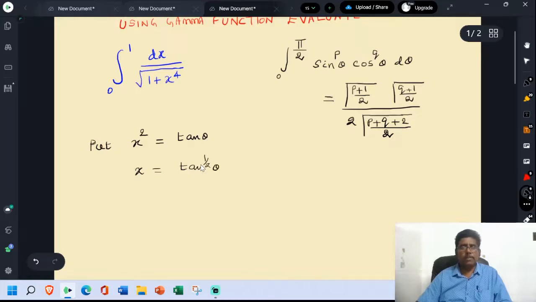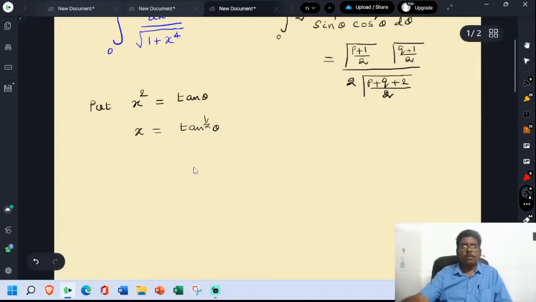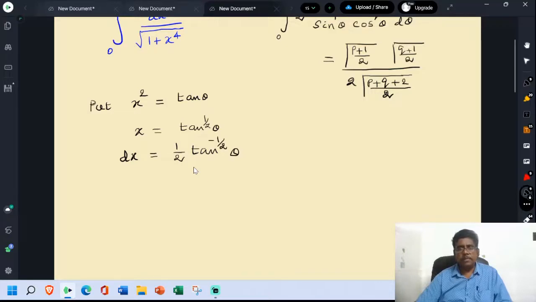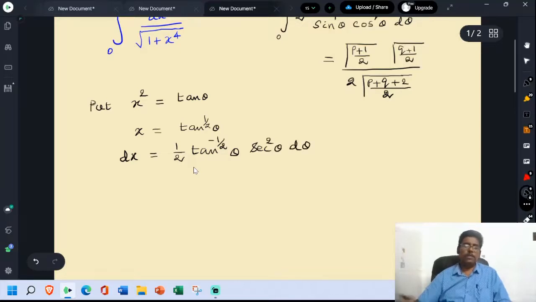This is the value of x. Now find out the value of dx. dx equal to 1 by 2 tan power (1 by 2 minus 1), that is equal to minus half, of theta. Then the differentiation of tan theta is secant square theta into d theta. This is the value of dx.